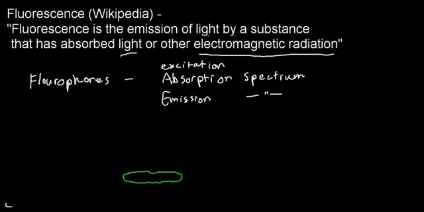It's specific for every molecule. Let's just say this specific molecule can be excited with blue light and would emit, let's just say, a green light. This is a specific character for this specific fluorophore. And that's really what we're looking at understanding. We're going to talk a little bit more at length about absorption and emission spectrums later on.